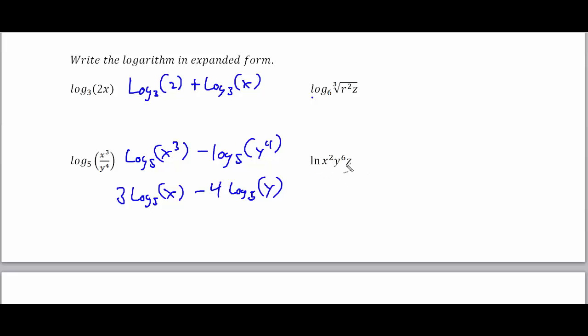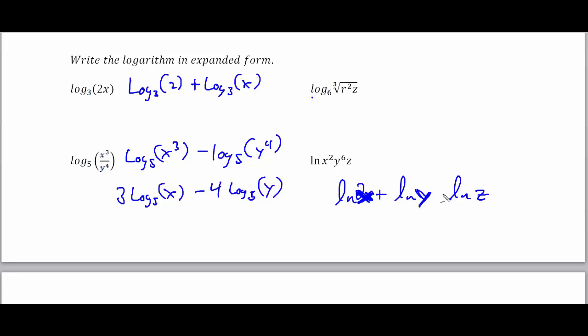See, all 3 of these are being multiplied, so I have 3 natural logs. I got the natural log of 2, natural log of... Oh, did I write 2? Didn't mean to write 2. I got natural log of x. Boy, that's going to be hard to rewrite there. So natural log of x, natural log of y, natural log of z.